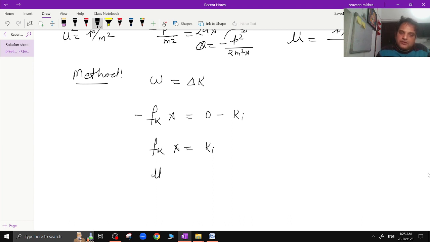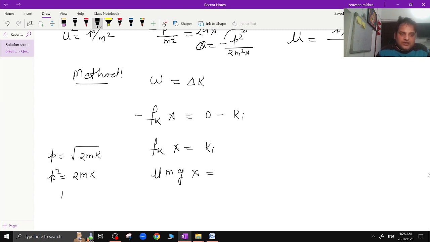Fk is mu into N rather than N. We will prefer to write mu mg into x equals to what is the initial kinetic energy? Initial kinetic energy is not provided, but we know that P is equal to under root 2mK. So P square is equal to 2mK.